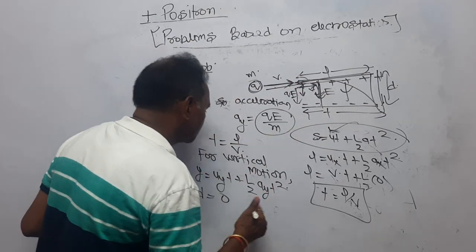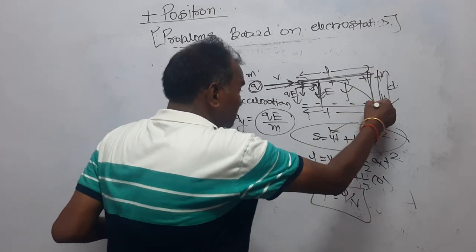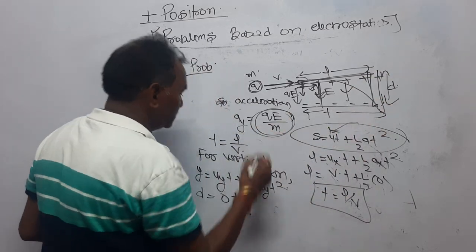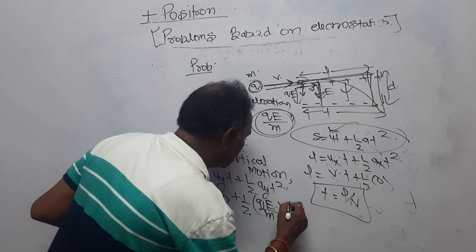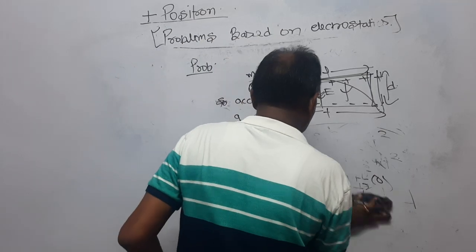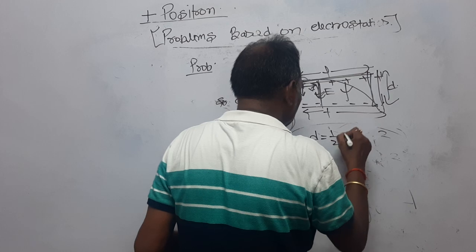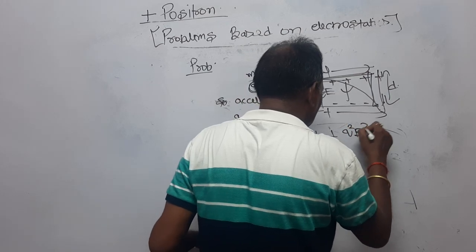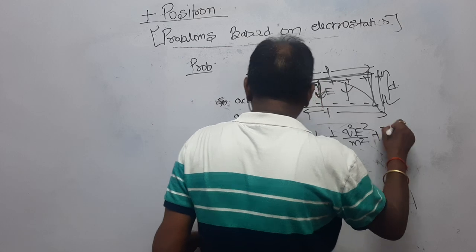So it is 0 plus half ay, where vertical acceleration is qE upon m, into t square. So dear student, d equal to half q square E square over m square into t square.